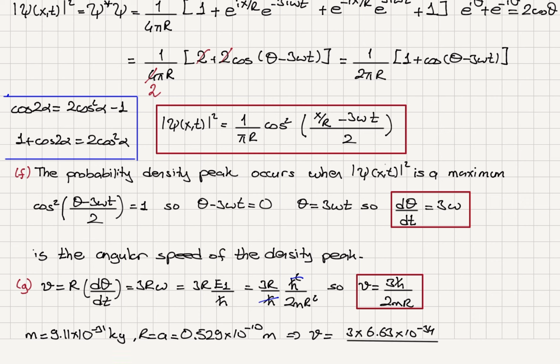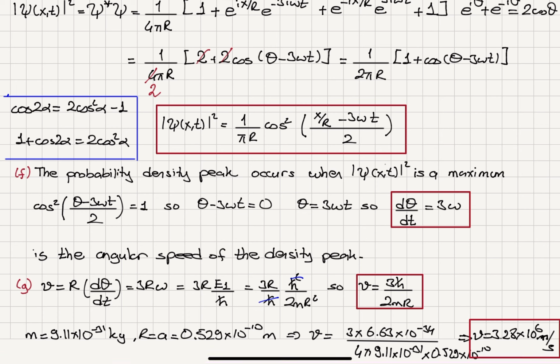So we have 2 already at the bottom, so it's 4 pi. Mass of the electron 9.11 times 10 to the minus 31 kilograms. Radius 0.529 times 10 to the minus 10. So this is going to give us a tangential speed of 3.28 times 10 to the 6 meters per second. That's the answer to part G.